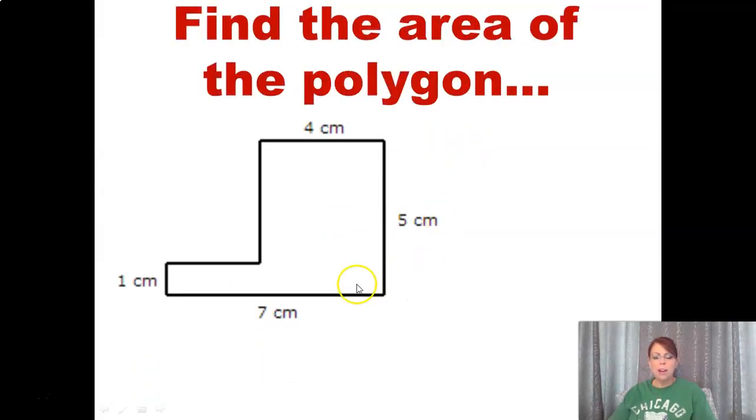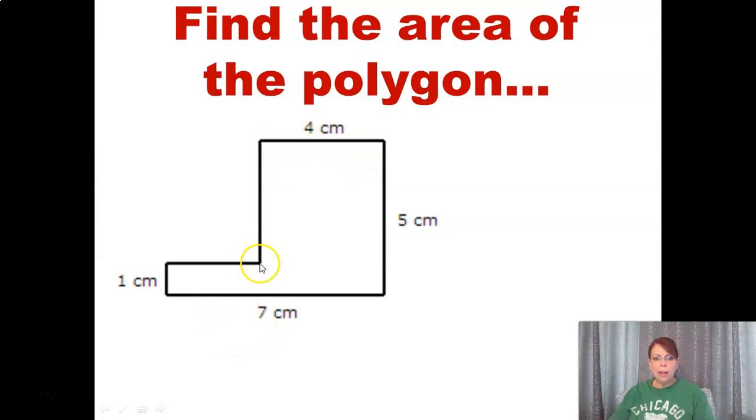So let's try this. We're going to find the area of this polygon. So you have two choices. You're going to get the same answer as long as you solve it correctly, no matter which way you do it. So you could divide this polygon. You could put a line right here, and then you would have this big shape right here.